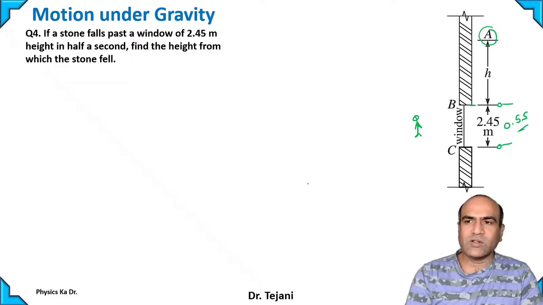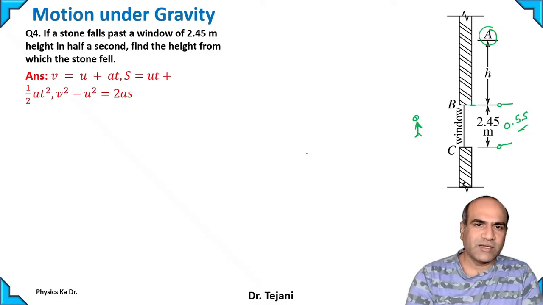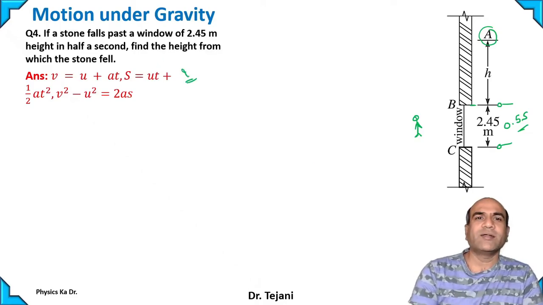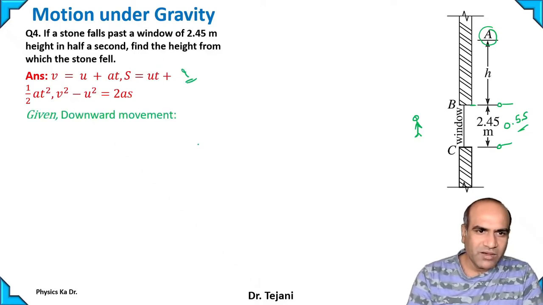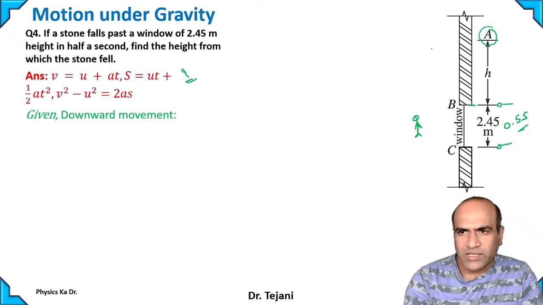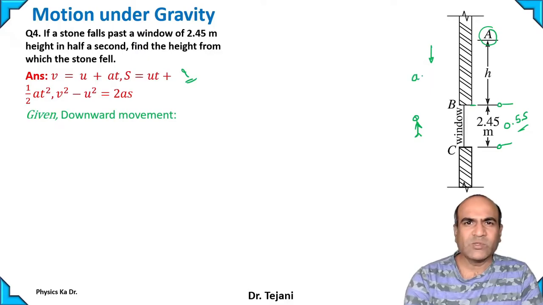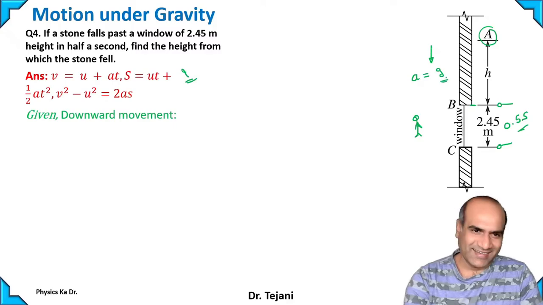So let's solve this example, let's solve this equation, right? Equations given by God, we need to remember, and the stone is falling downward. It means what is the acceleration? g. Correct.